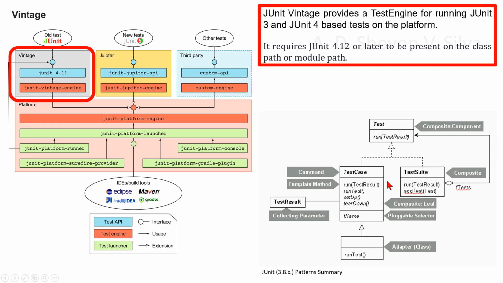Quoting from the intent: encapsulate a request as an object, thereby letting you queue or log requests. Command tells us to create an object for an operation and give it a method to execute.